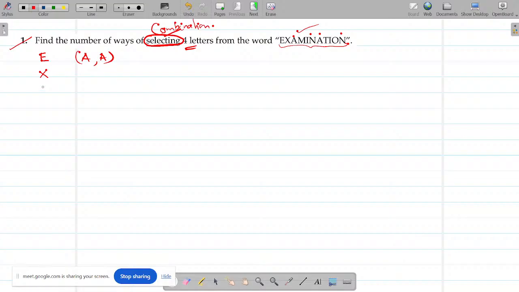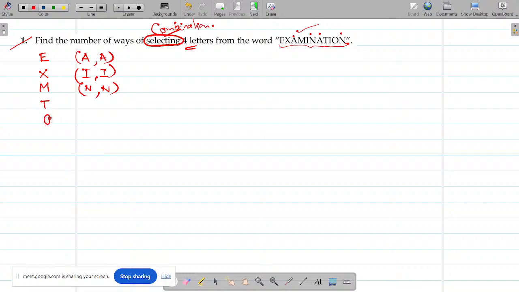Then M, only once. Then I, two times, so I and I. Then N, repeated two times. Then A, already taken. T, only once. I, already taken.